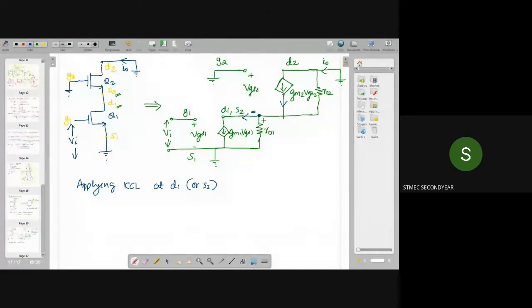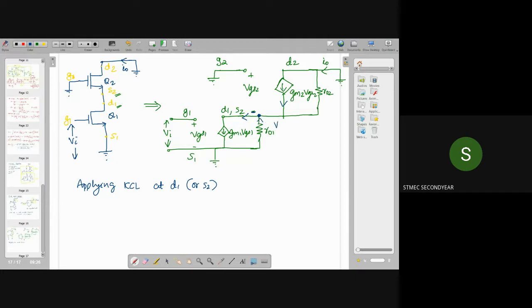And we have to take the direction of current like this. Normally, when we take a resistor, we show the current leaving from the junction. But here the voltage across R01 is minus VGS2, so I am taking the current direction like this.